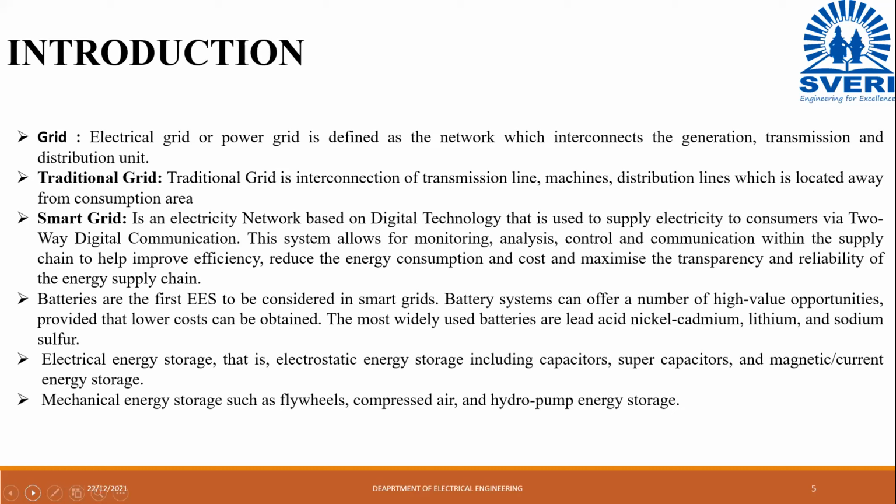Traditional grid is interconnection of transmission lines, machines, distribution lines, which is located away from the consumption area. Smart grid is nothing but upgrade to the grid in a smart way. It is an electricity network based on digital technology that is used to supply electricity to the consumer. It is a two-way digital communication.